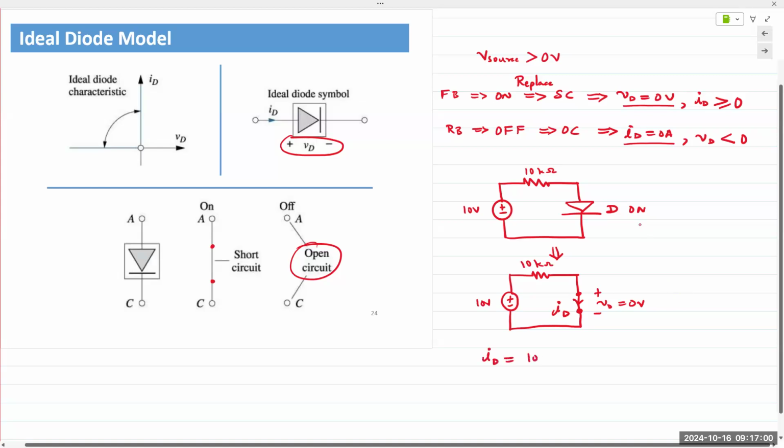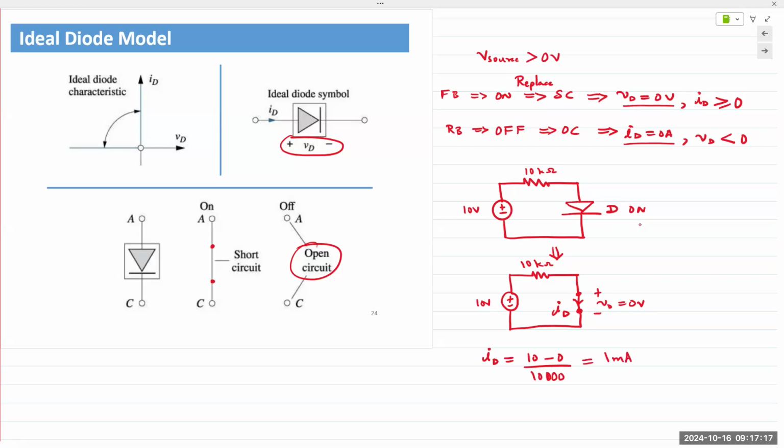ID is equal to 10 minus 0, which is the diode voltage, divided by 10,000. So 1 milliamp. And it's a positive value. So my assumption is valid.